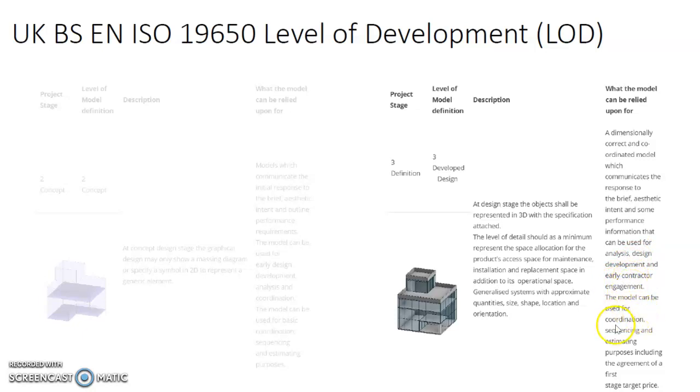The model can be used for coordination, sequencing, and estimation purposes, including agreement of a first stage target price. Okay, so that is for UK system LOD level 3. And then it goes on to level 4, 5, 6, and 7. So let's look at level 4 next.